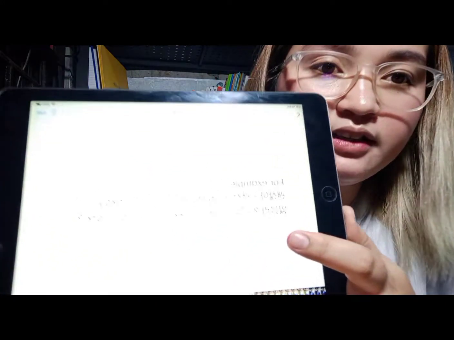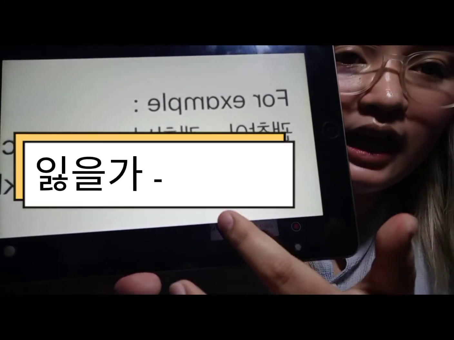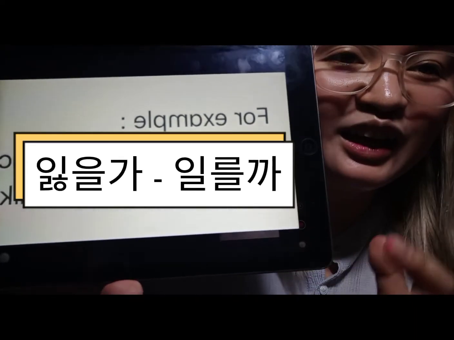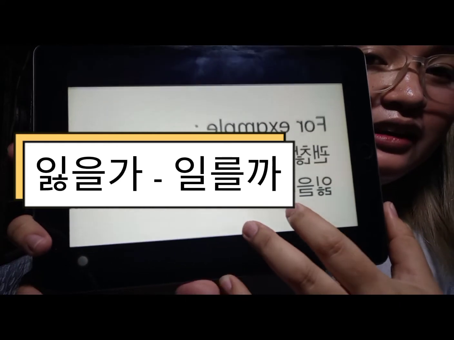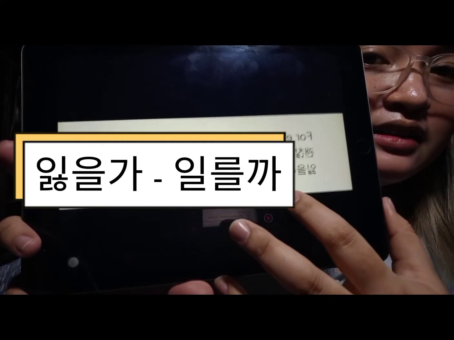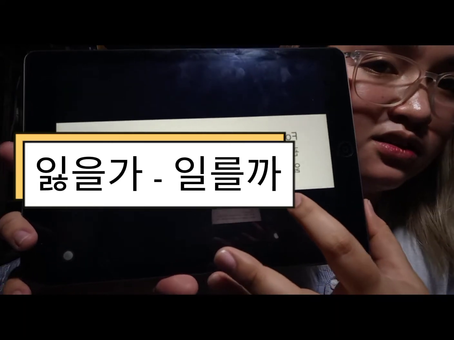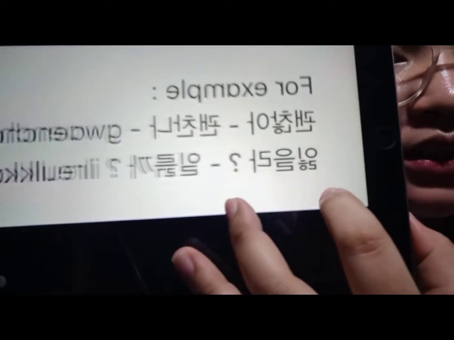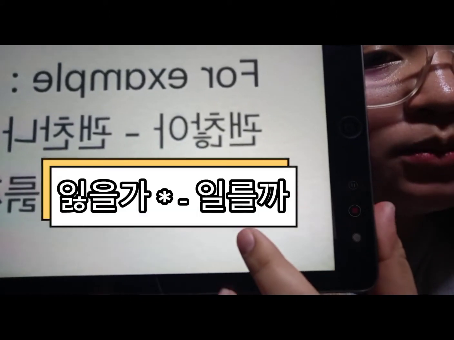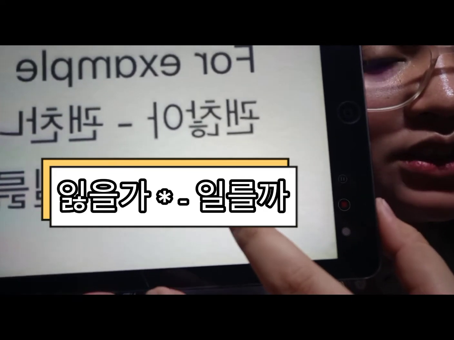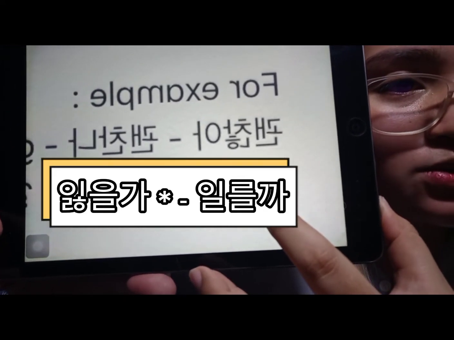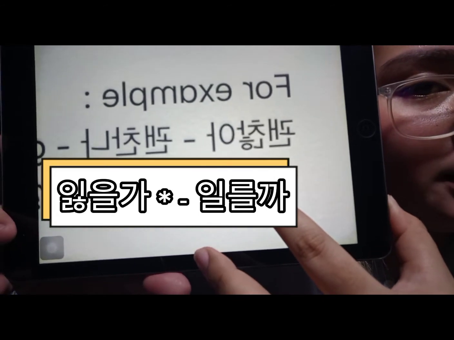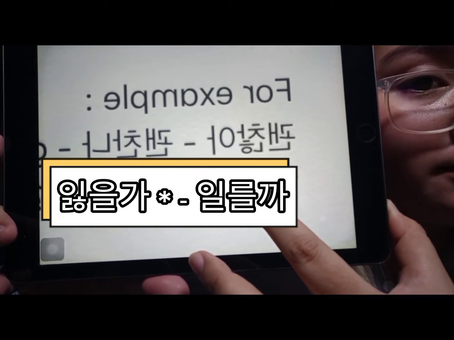Another example is Irilka. Ang hirap bigkasin. Irilka. So, ito yung dalawang final double consonant, which is lil and hit, and it follows with a vowel u.